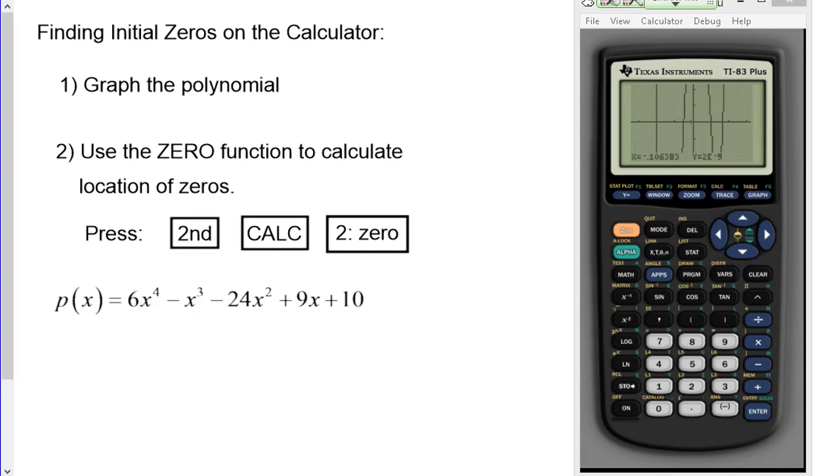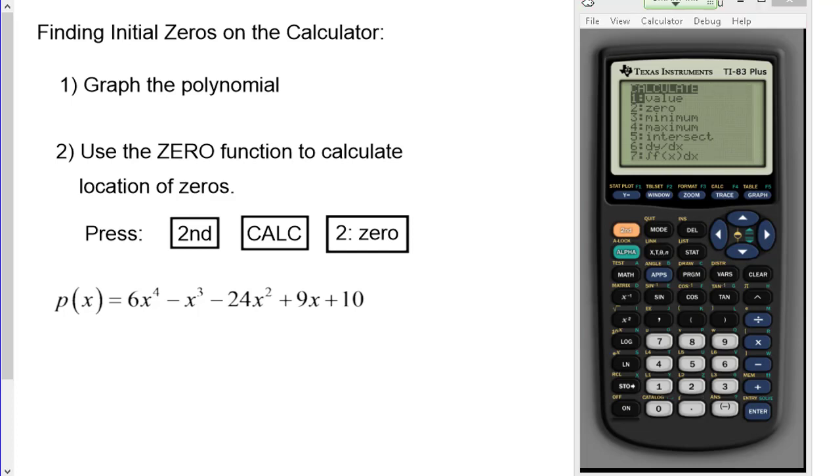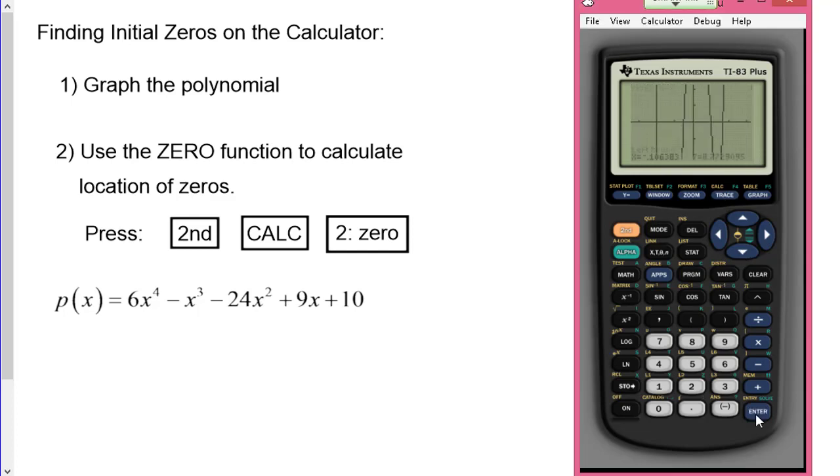All right, so second calc, and option 2, which is a 0. Now, even though I'm pretty certain this one right here exists at -2, I'm going to go ahead and calculate just to make sure.